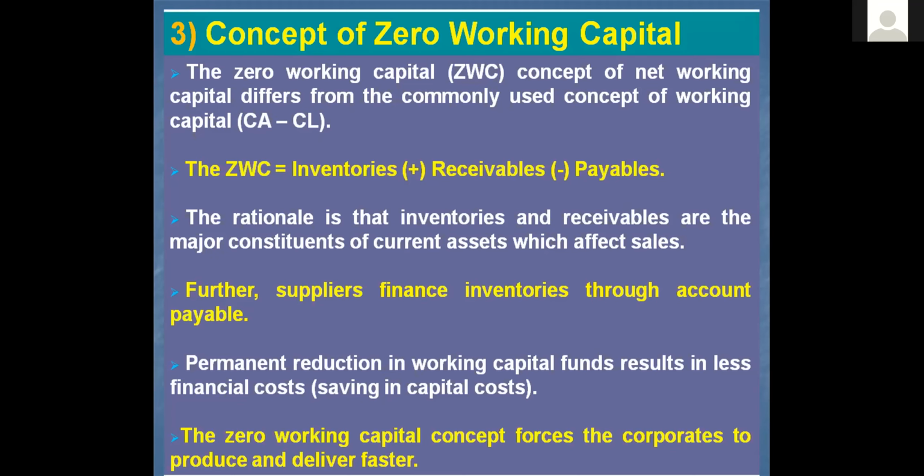And assume that it takes 20 days to manufacture the products. They sell the goods to their customers like wholesalers or distributors on credit, and the credit period is 20 days, for example. So on the 41st day, this manufacturer will receive payment from the customers, that is, wholesalers and distributors. The same amount he can use to make the payment to the suppliers of raw materials whose payment is due on the 41st day. So in such a case, the working capital required would be 0.